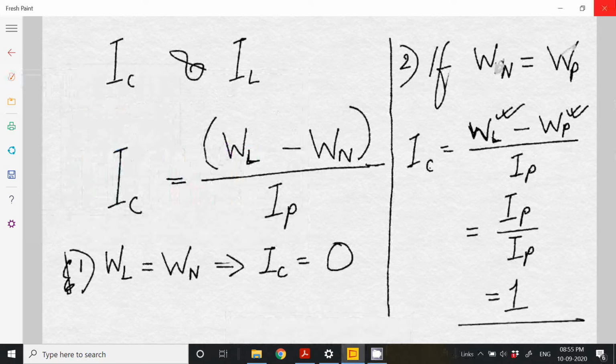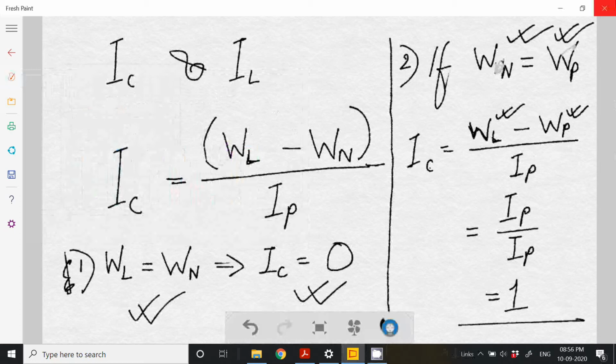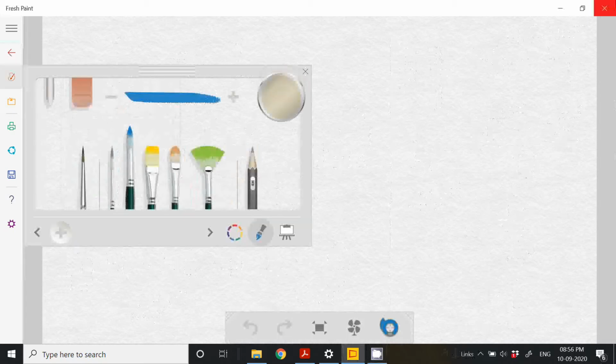So, 1. So this you have to remember. When liquid limit is equal to natural moisture content, consistency is equal to 0. When natural moisture content is equal to plastic limit, then consistency is equal to 1. Okay, so this is something you need to remember.